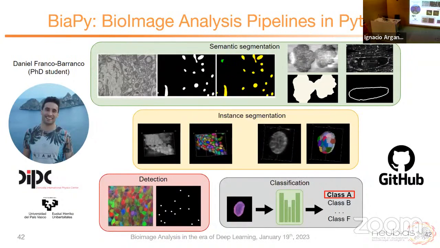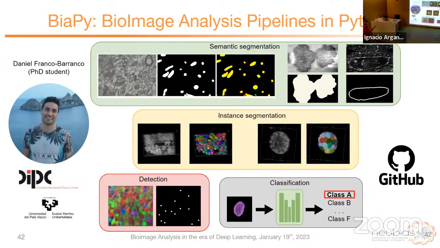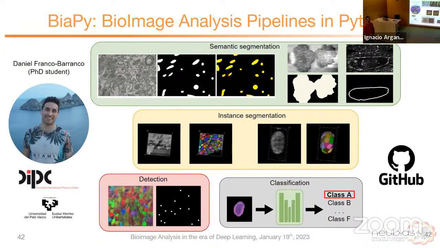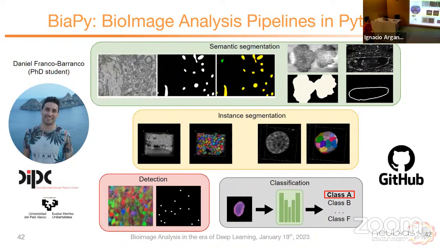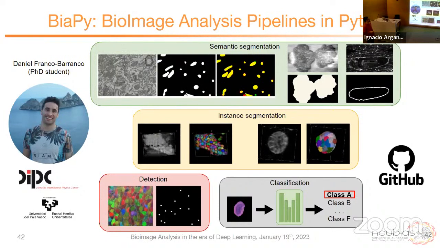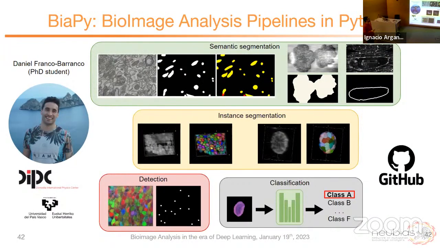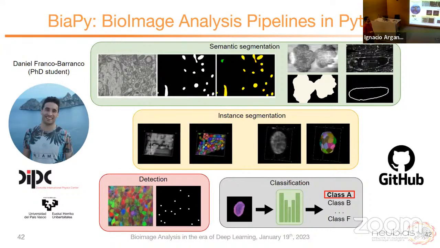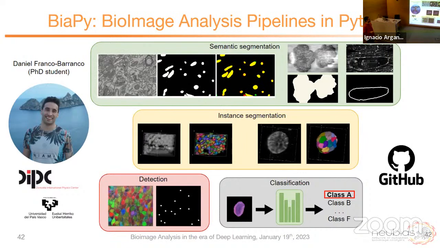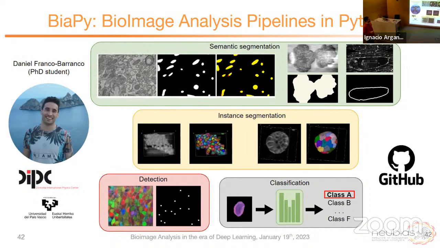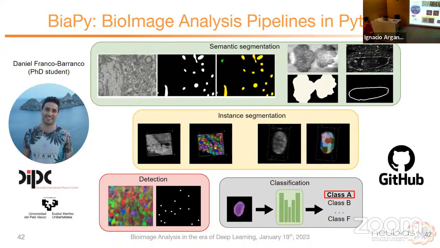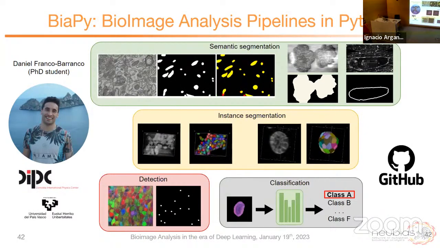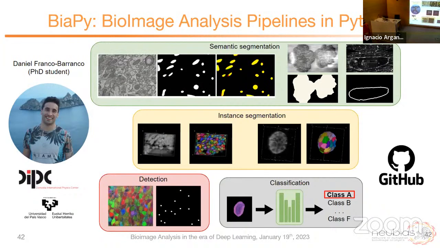But then we realized that the current solutions were not that friendly, and for us it involved reinventing the wheel over and over. So we created this library in Python where we can create full workflows. So from the input images to the results, or even the analyzed data, to do segmentation of instances, for example, in 2D and 3D, or in more dimensions with more channels, to detection, classification, and we keep adding more and more applications.